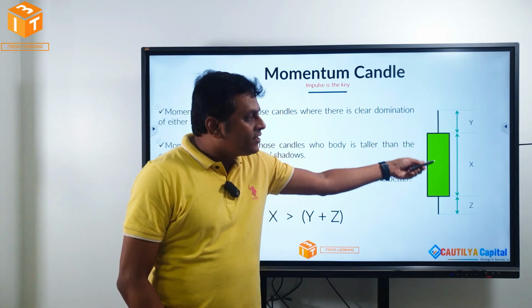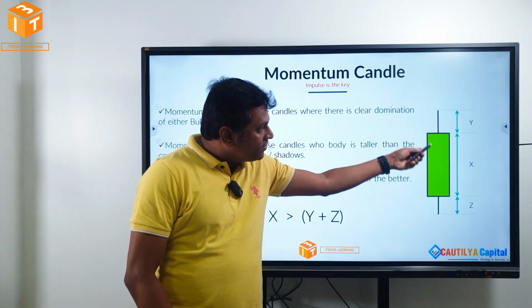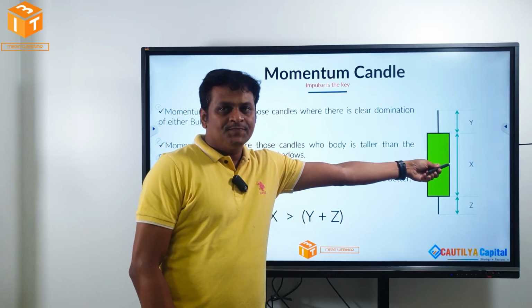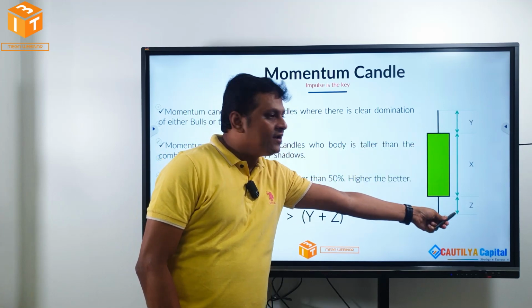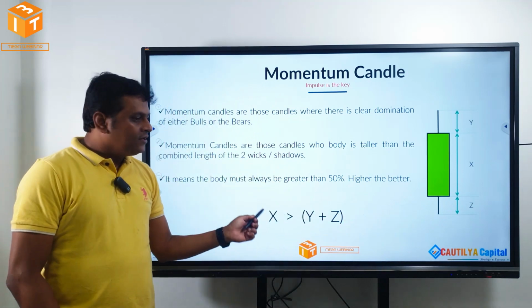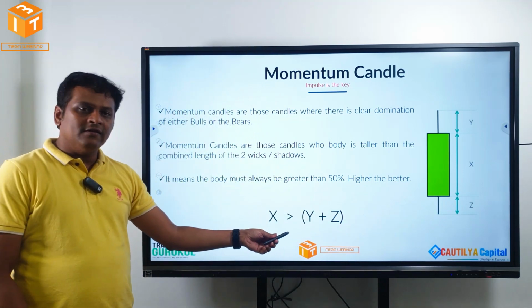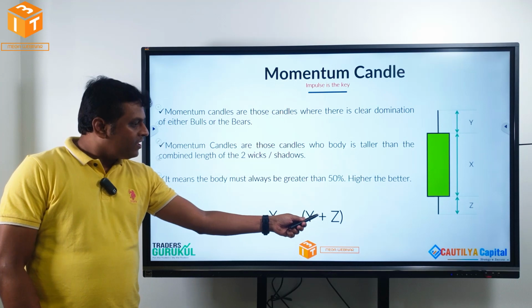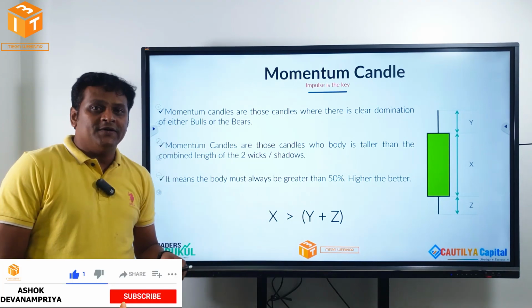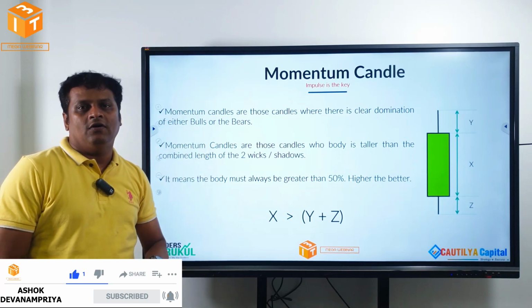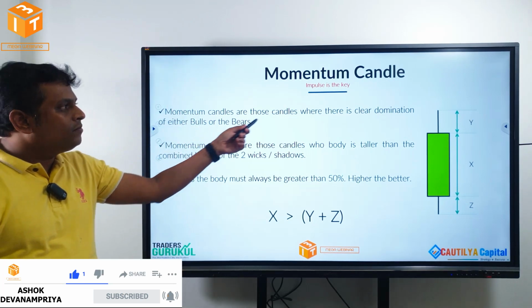Here, the total length of the body, which is X, is greater than the combined length of Y and Z. That's what is mentioned here. If X is greater than the combined length of Y and Z, or if X is greater than 50% of the total range of the candle, we call it a momentum candle.